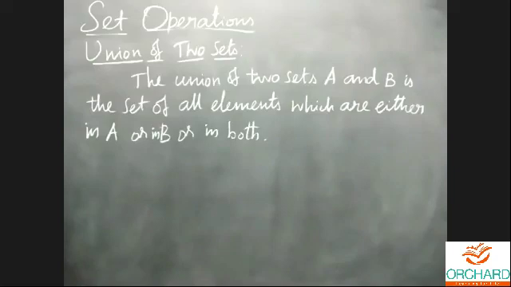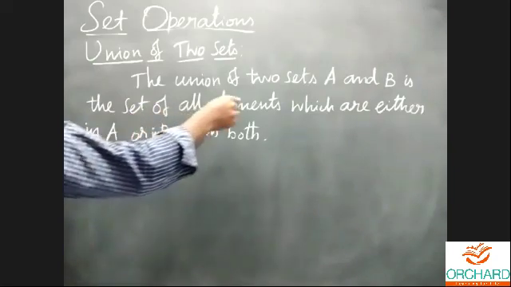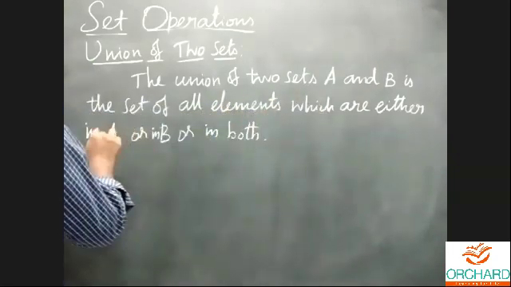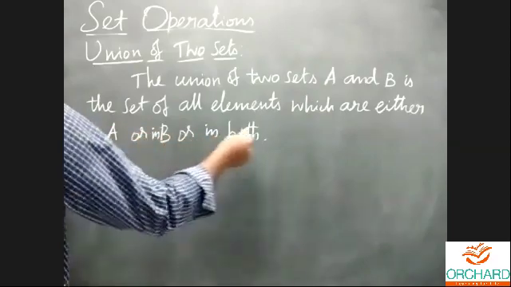The union of two sets A and B is the set of all elements which are either in A or in B or in both the sets.